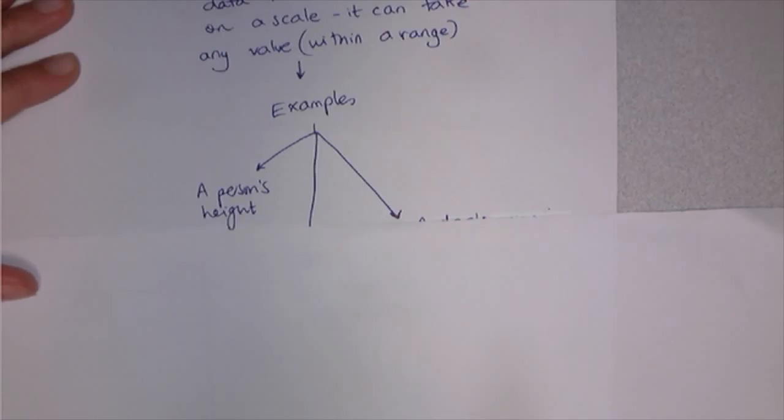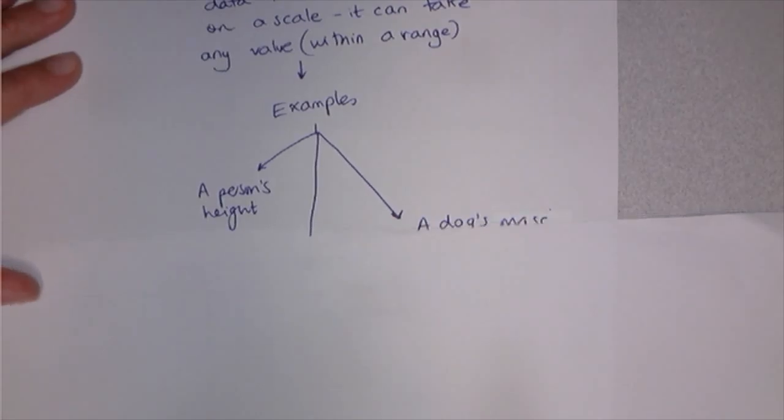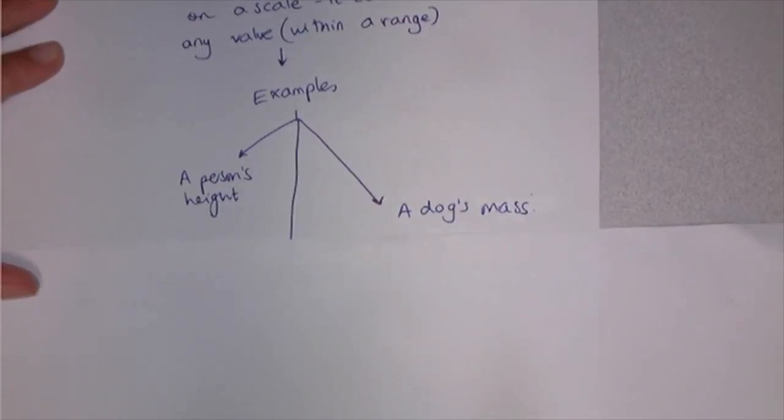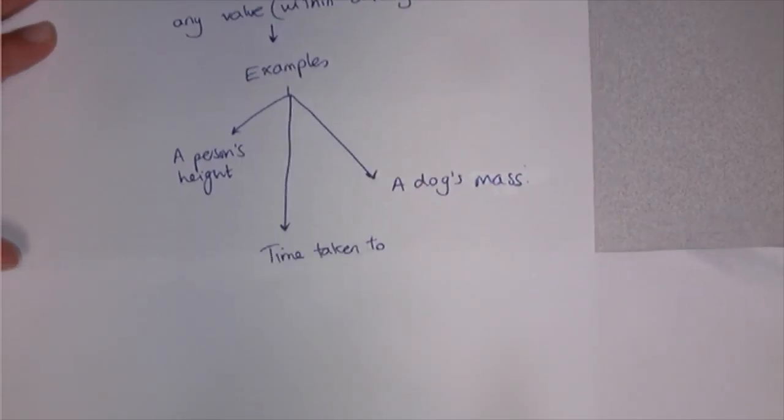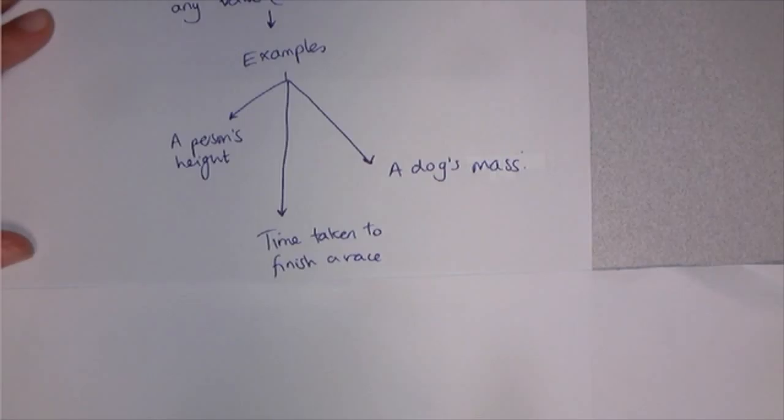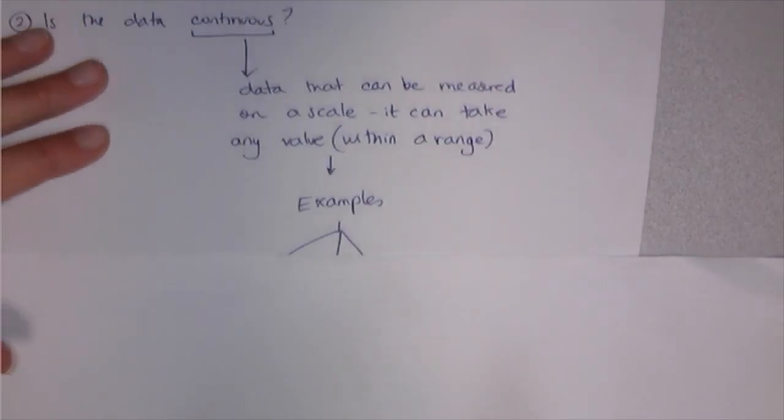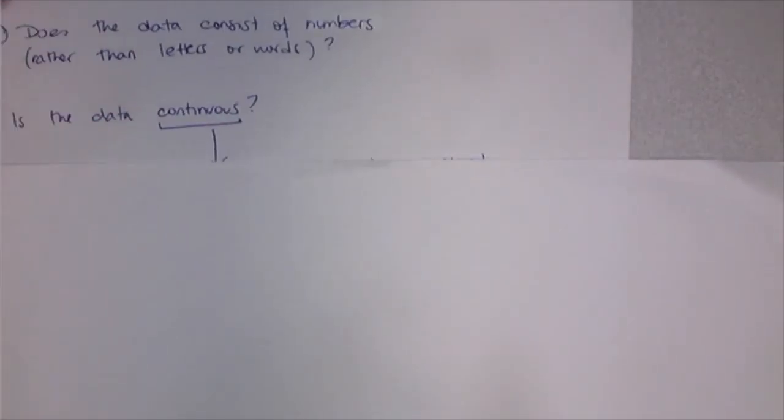So any measurement of height within that particular range is what we would consider to be normal. Yes? So that is continuous data because it can take any value within the range.